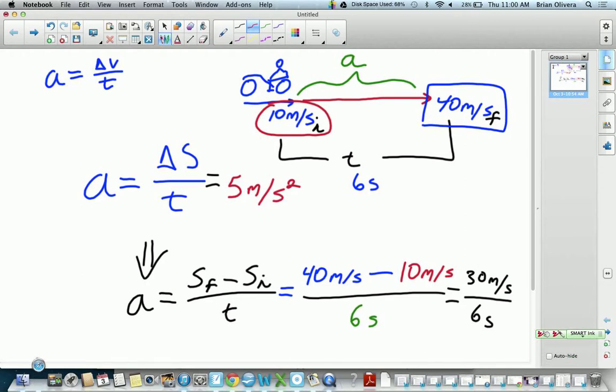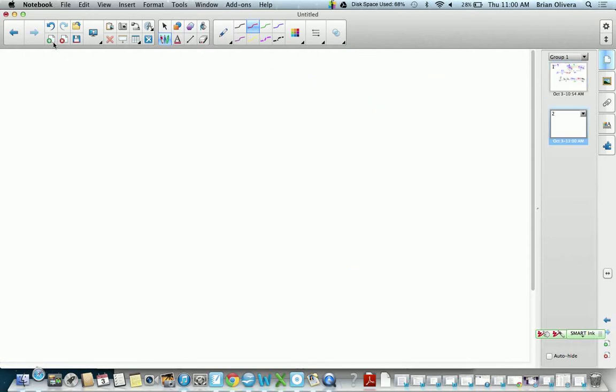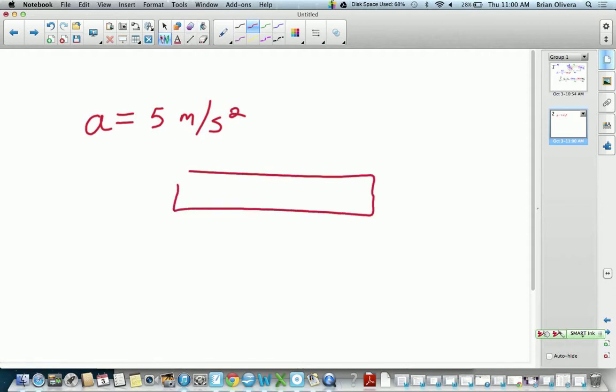And for the purposes of your answer on your quiz, the answer gave you acceleration equaled 5 meters per second squared. On your quiz, in the answer, I would want you to write it as 5 meters per second, and then just put a 2 behind it. Okay, make sure your units are correct.